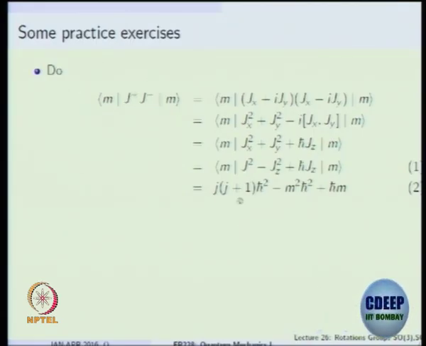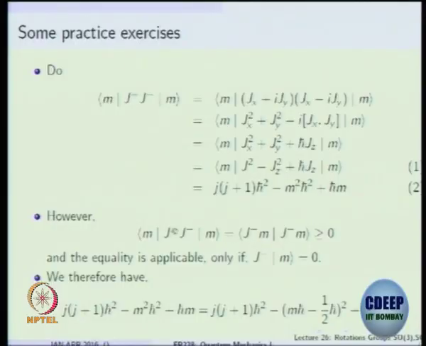So please redo it again. Redo it with the J plus and J minus interchanged also. That will also be positive definite, right? Please do this similar exercise for J minus J plus.